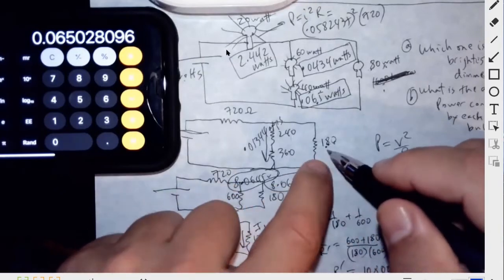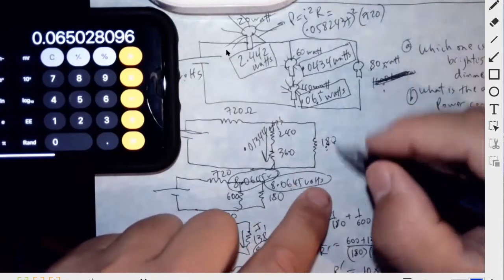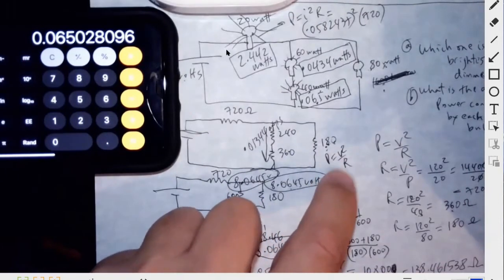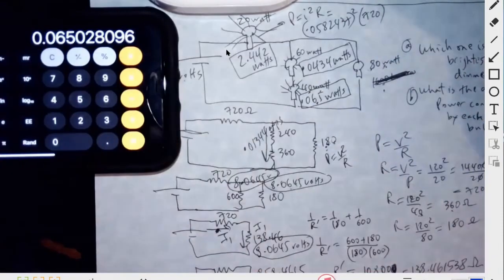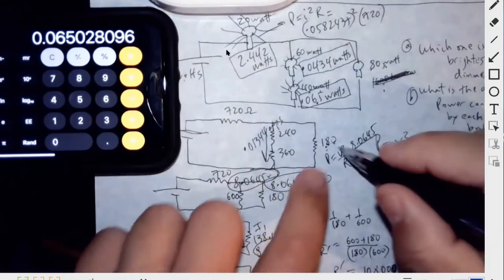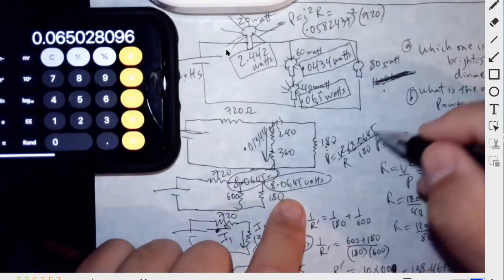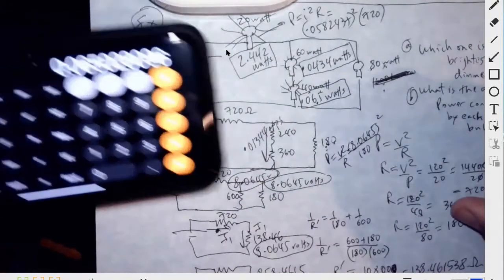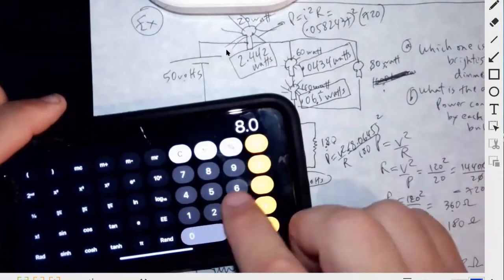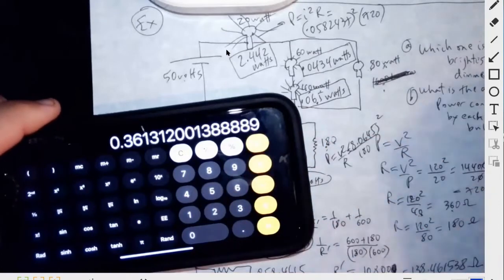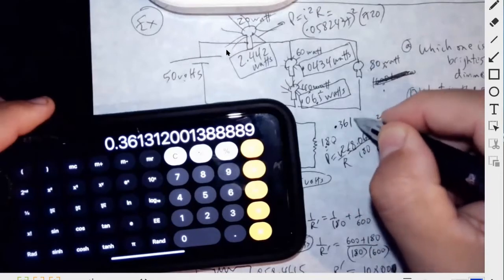If I know the voltage, I could do the voltage squared over R. So I'm either doing voltage squared over R or I squared R. I never did VI for the resistors because I either didn't know their I or didn't know their V. So the voltage is 8.0645, squared, divided by the resistance of this, which is 180. So this one is 0.3613 watts.